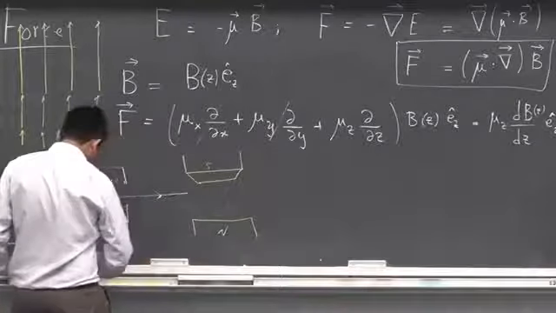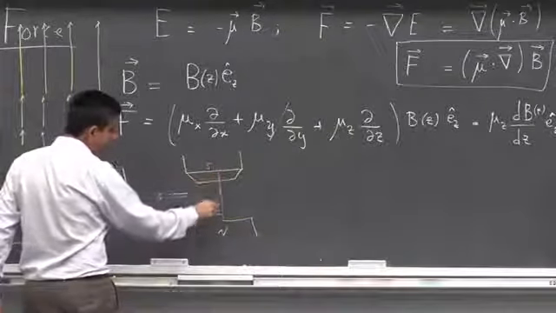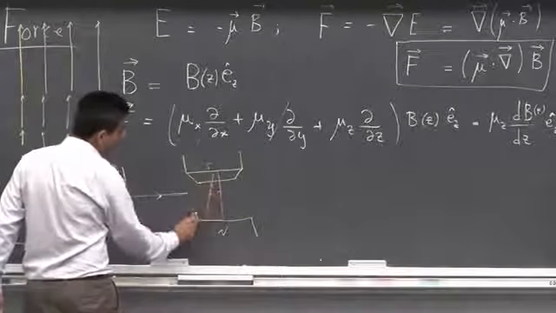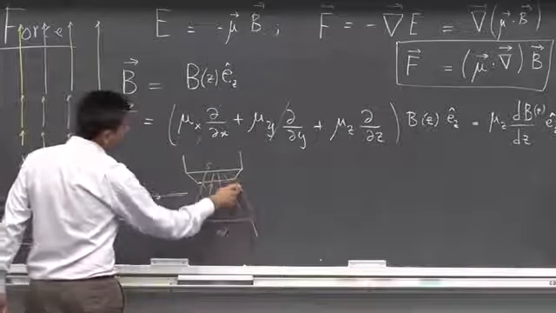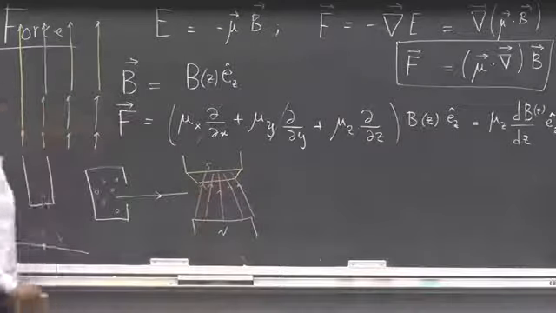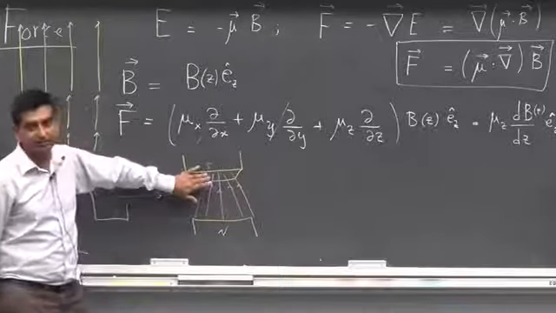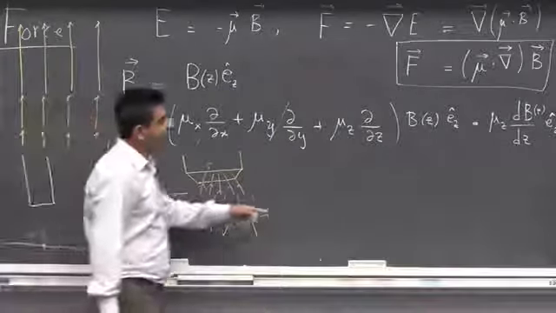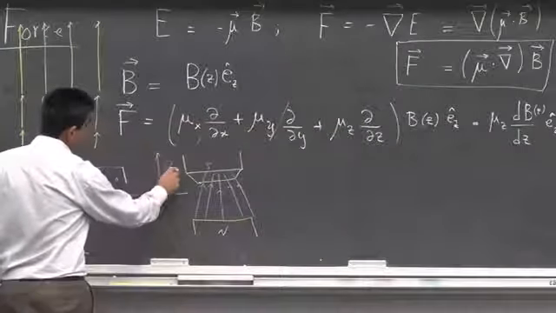Okay, so these tapered pole pieces, which were engineered in a special fashion, produced a non-uniform field. Now I am drawing the streamlined picture of the field, in which the density of the lines shows the magnitude of the field. So the field is stronger here. So dB over dz is positive if I take this to be the z direction.